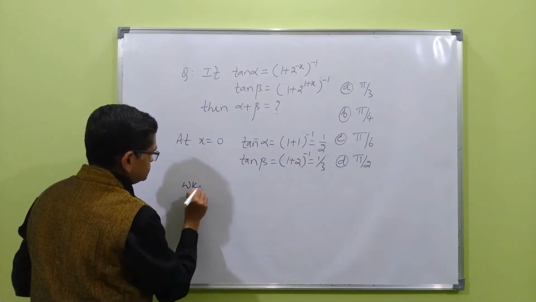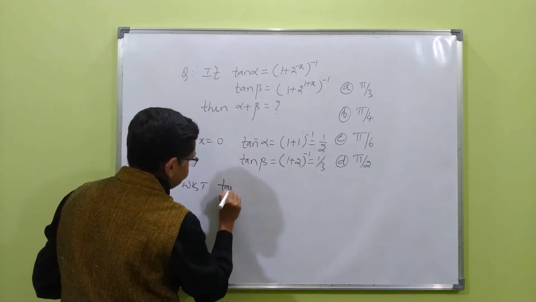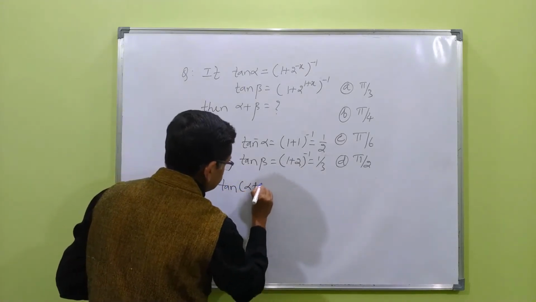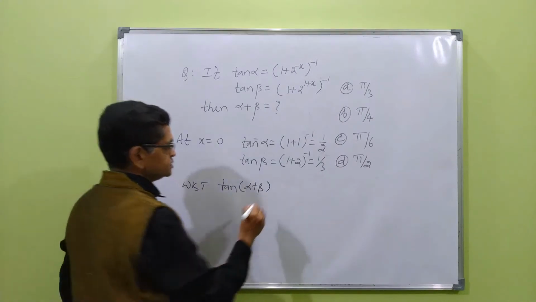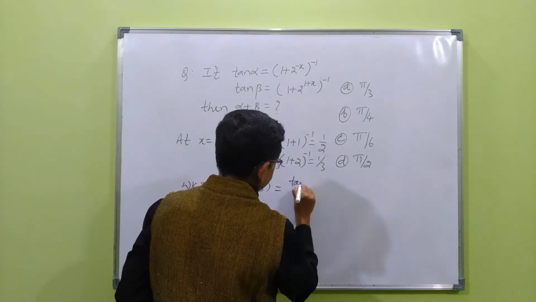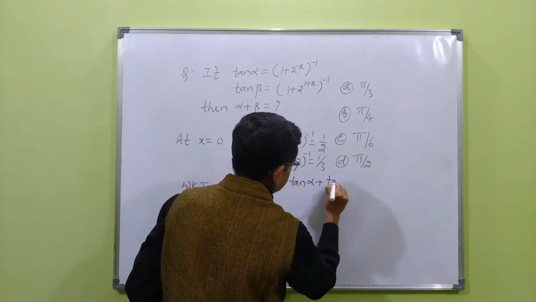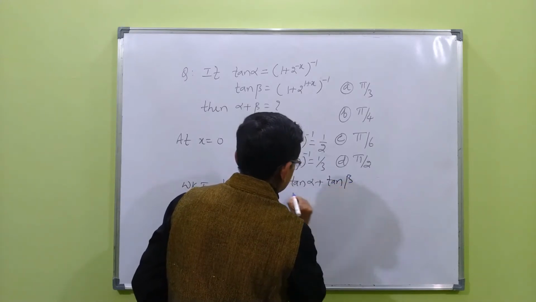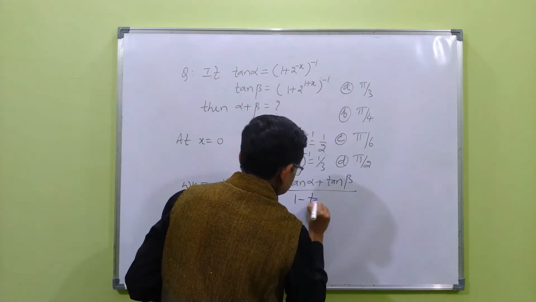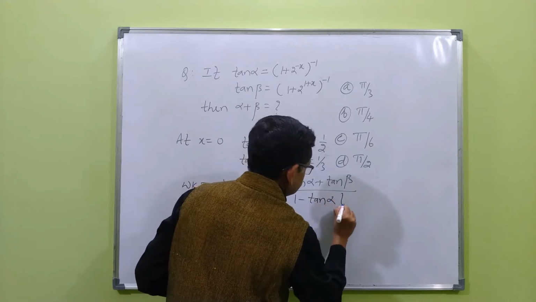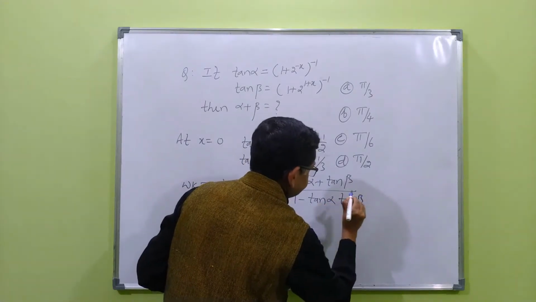We know that tan(α plus β), this relation we have to use, is (tan α plus tan β) over (1 minus tan α tan β), isn't it?